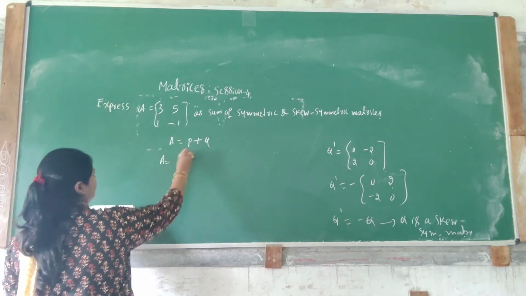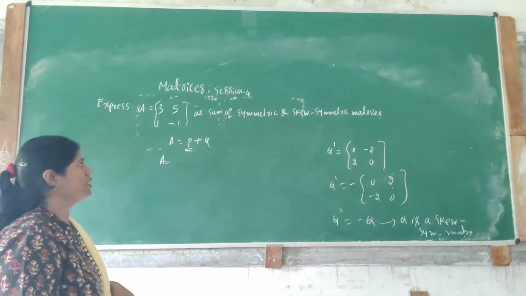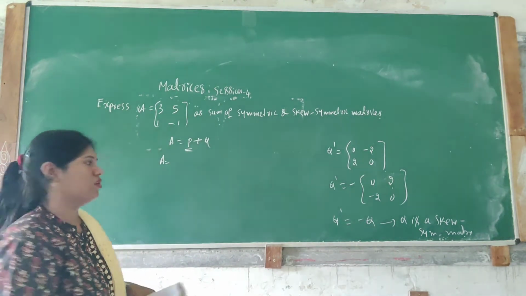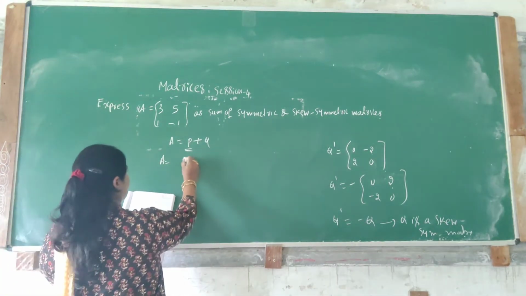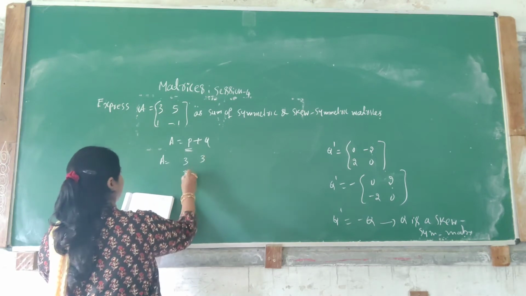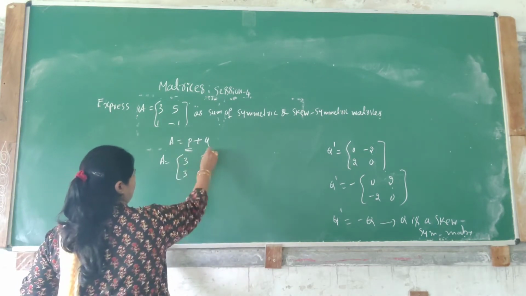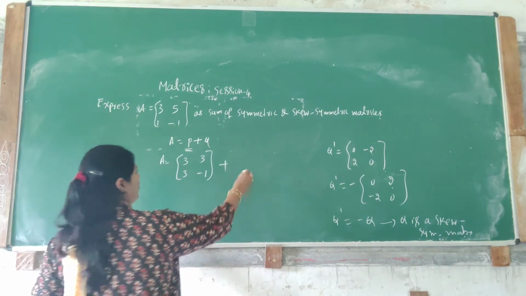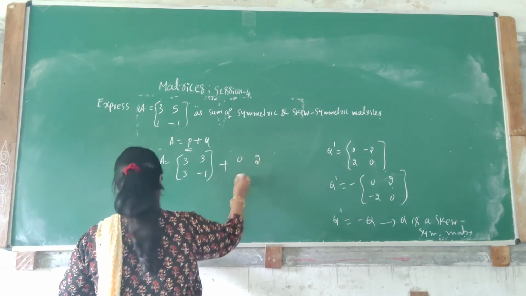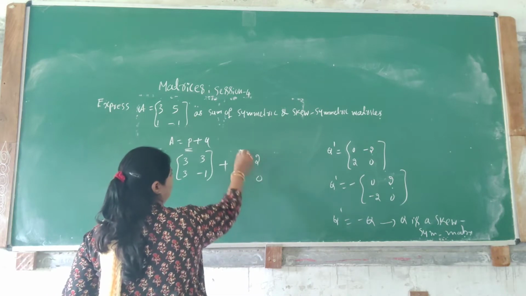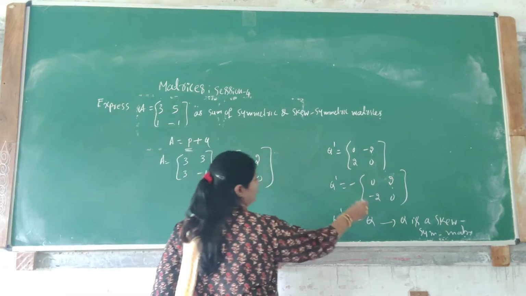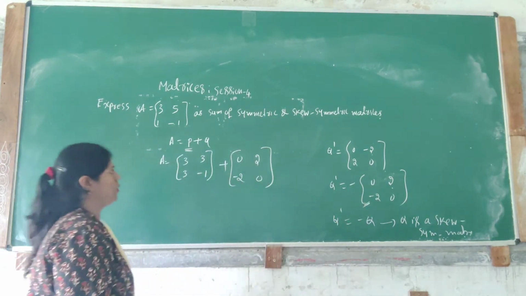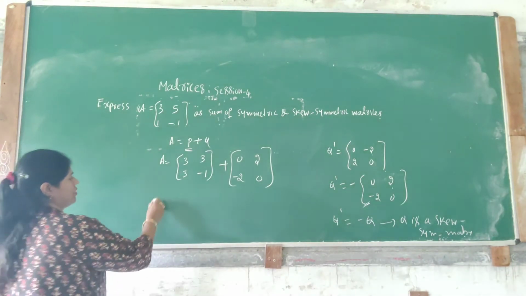P equals A plus A dash divided by 2. So what is that value? It is 3, 3, minus 1. And Q is 0, 2, minus 2, 0. We have just simplified it now. This is the Q value, so we have to add this.